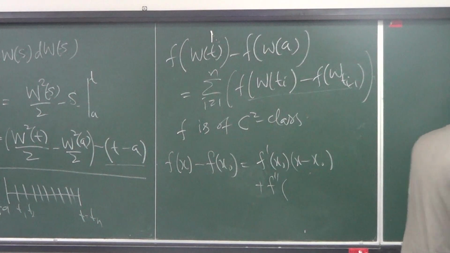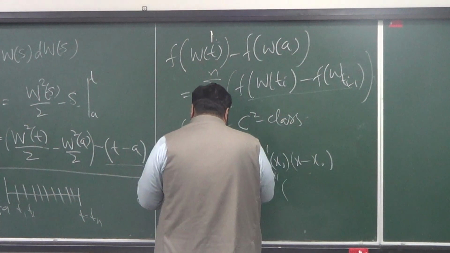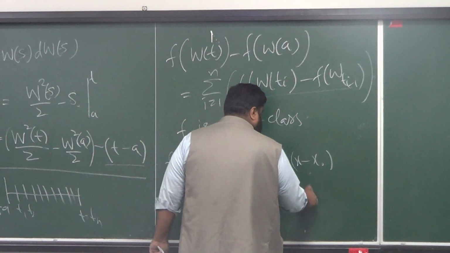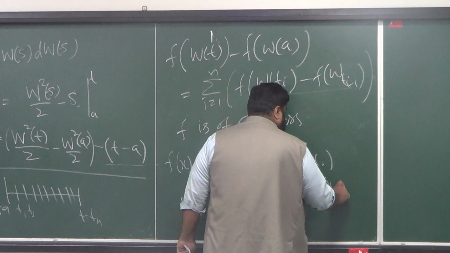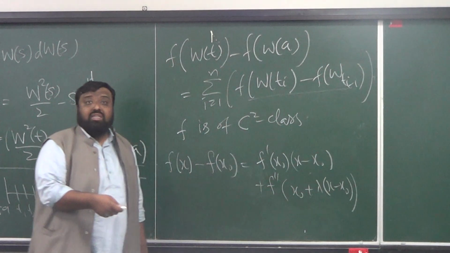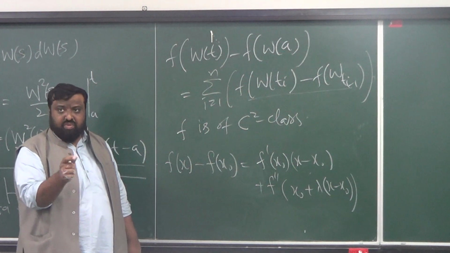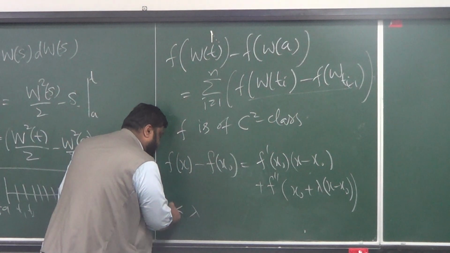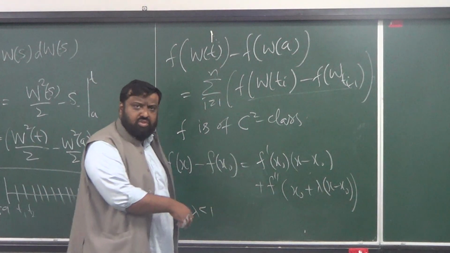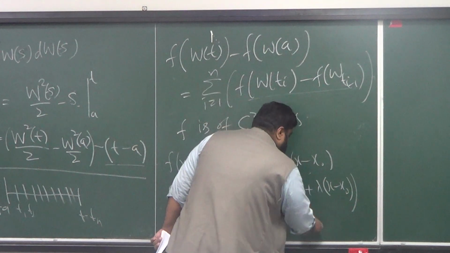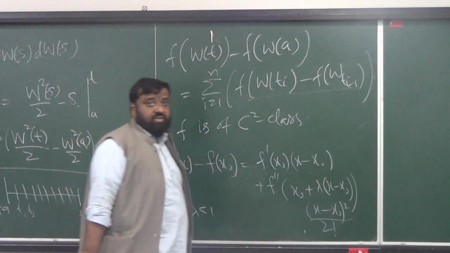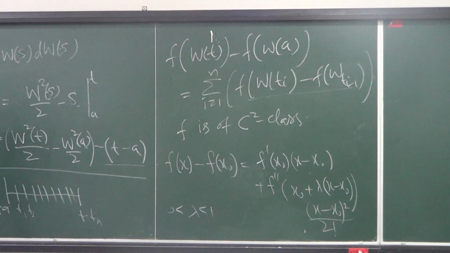I can write it as x naught plus lambda times x minus x naught, where lambda is an arbitrary number between 0 and 1. So it's some number between 0 and 1 times x minus x naught squared, divided by 2 factorial. That is going to be the remainder.